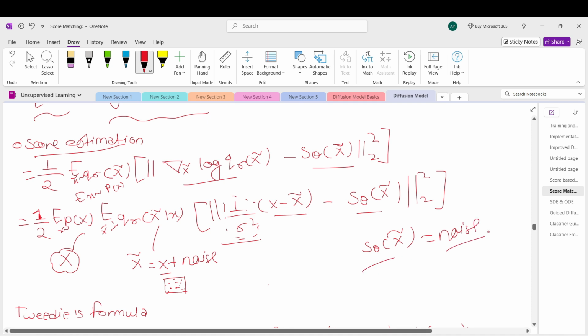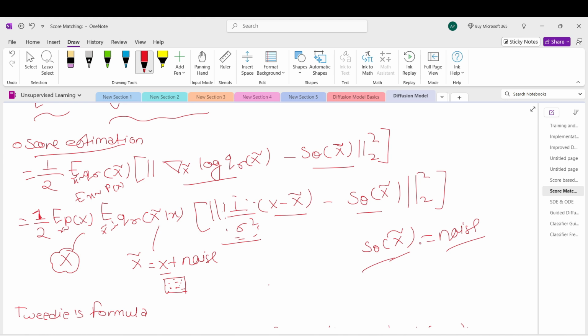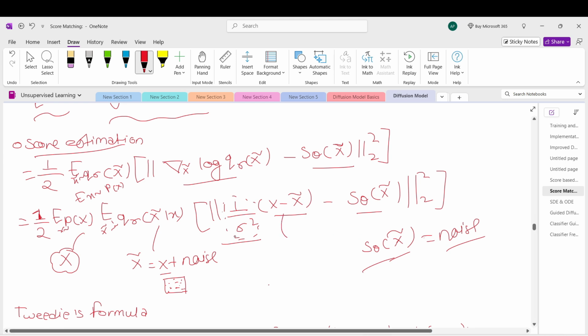So what we are learning here, guys, is a neural network which is a noise predictor: how much noise is added. If you subtract this quantity from this, you will get the noise. So we are building the noise predictor here.